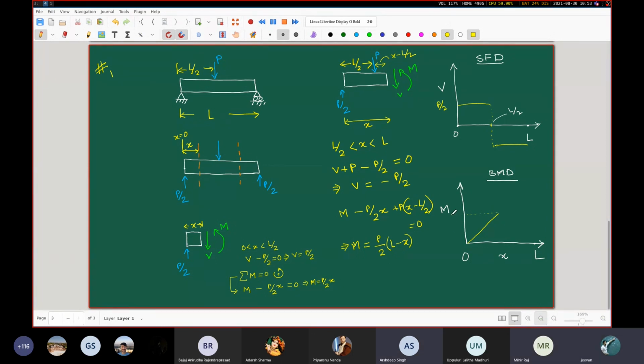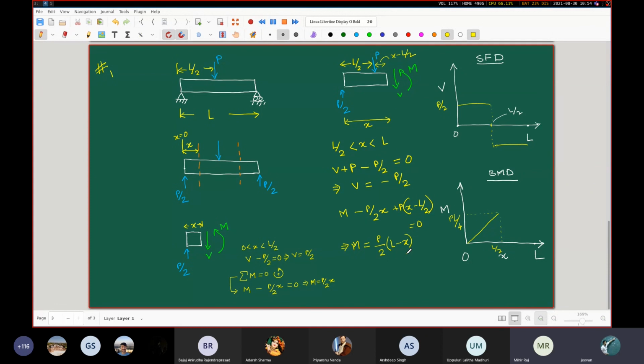P into L by 2, so PL by 4. What will be the remaining part here? This is L by 2. Negative slope. So the expression is P by 2 into (L minus x).